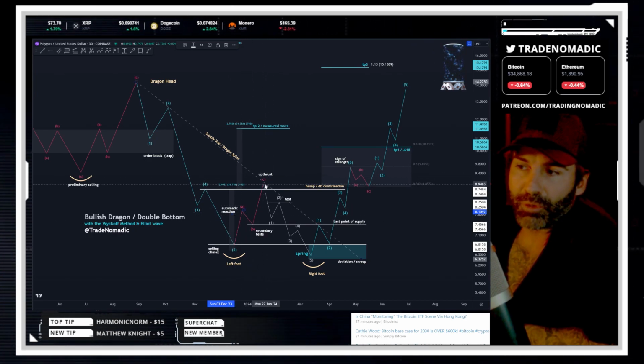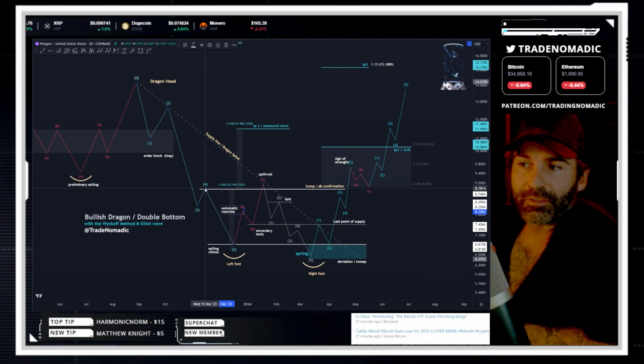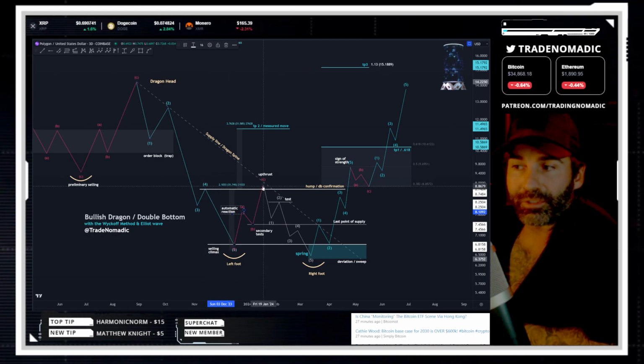But you'll get a pullback, and you'll make a level a little bit lower than the automatic reaction. And then you get a move up, an upthrust above this level, or the top of the range.